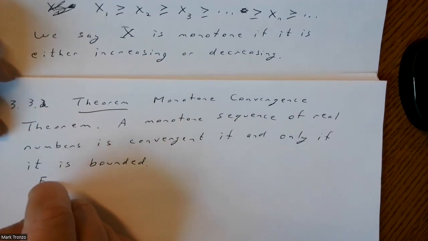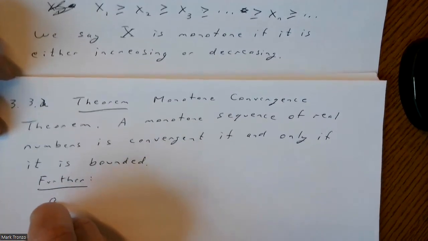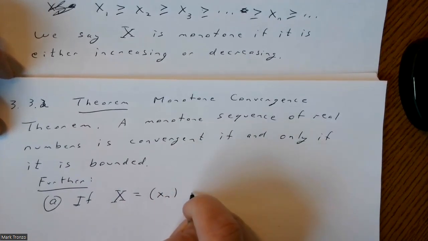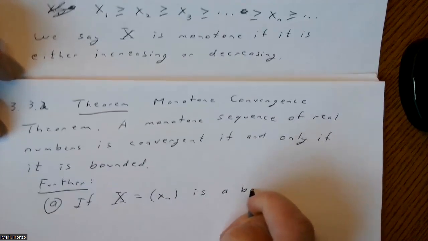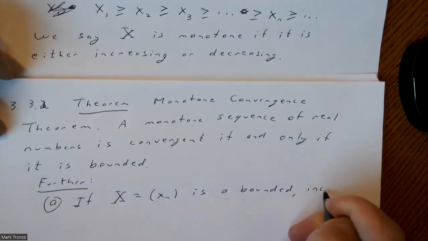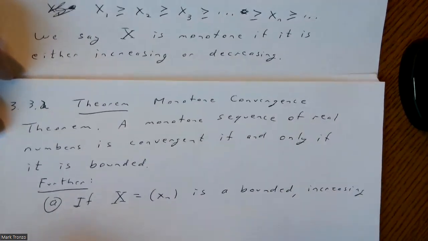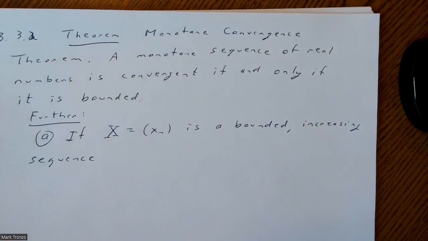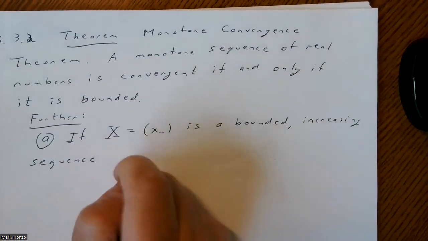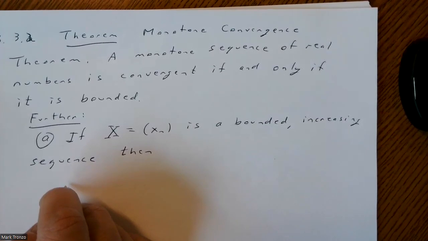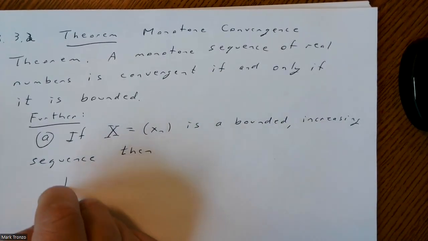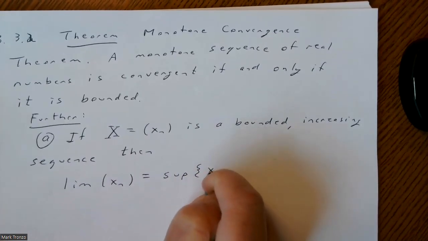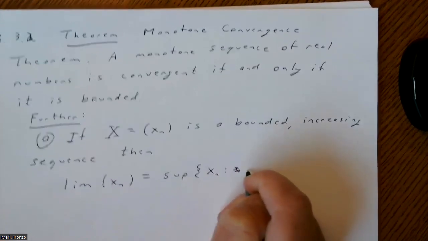Furthermore, A, if X is a bounded increasing sequence, then the limit of that sequence is equal to the sup of the xn's such that n is a natural number.